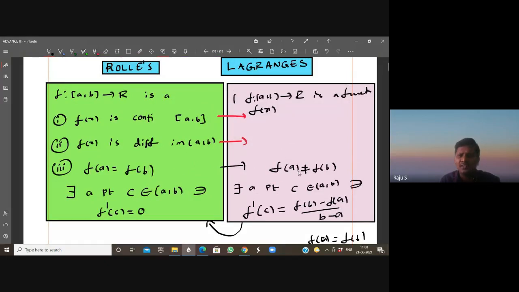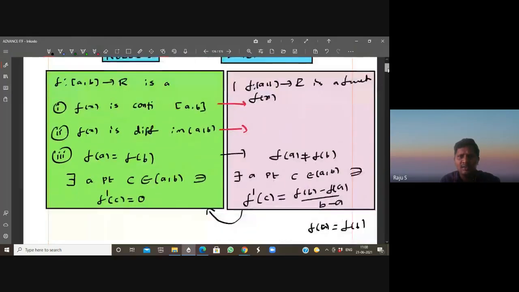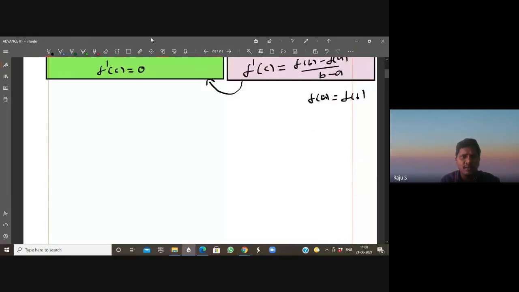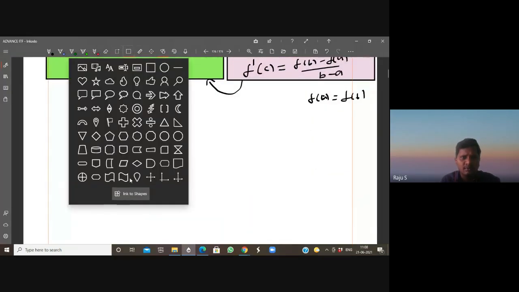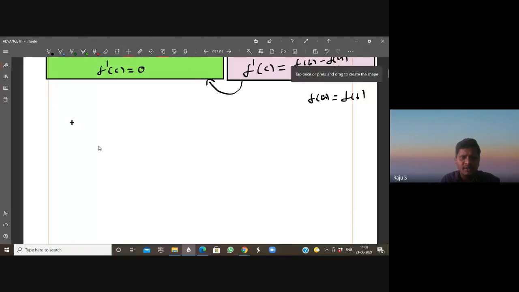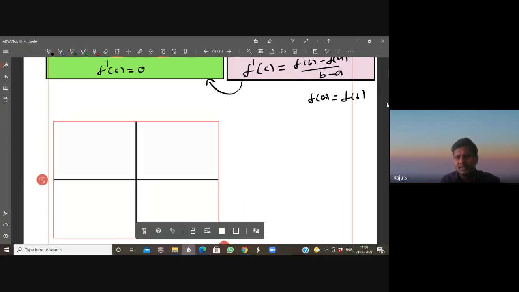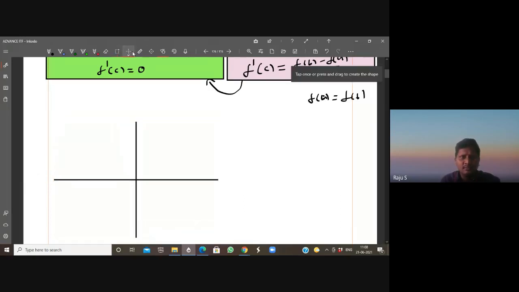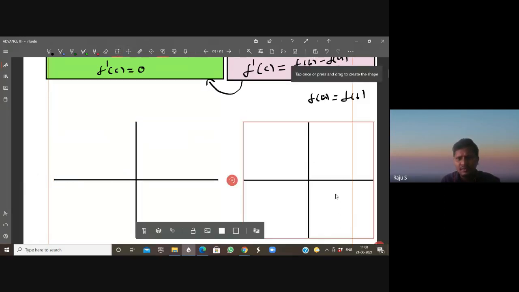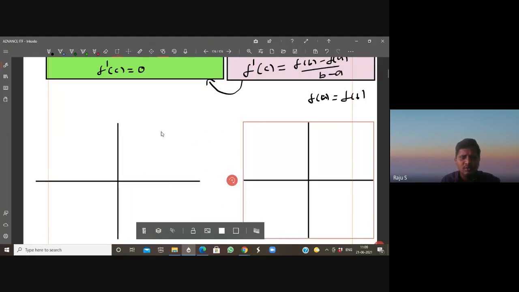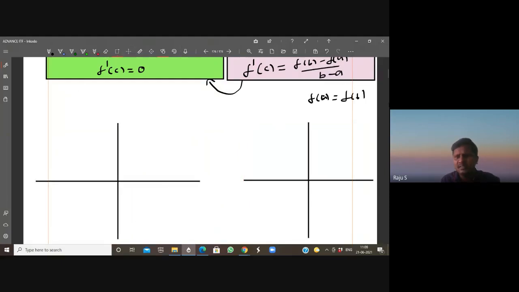In Lagrange's, there is no need to write that f of a is equal to f of b. When we see the graphical representation of Lagrange's, as we already discussed the geometrical interpretation of Rolle's, in the same way I'm going to tell you, there exists a point.